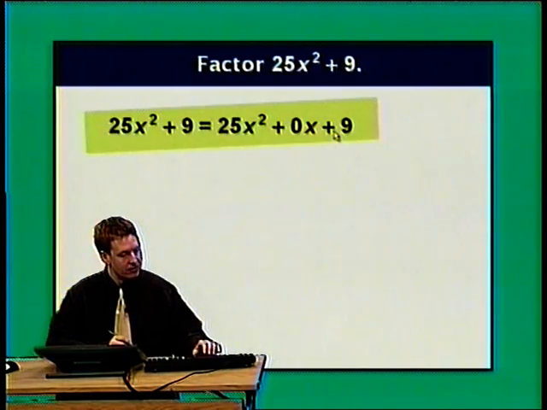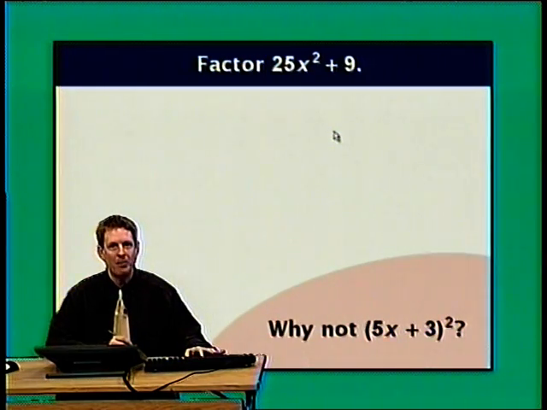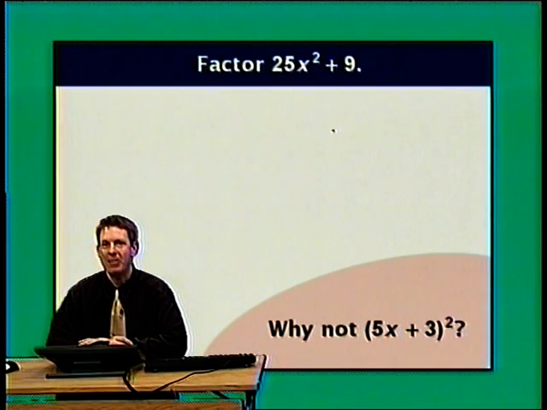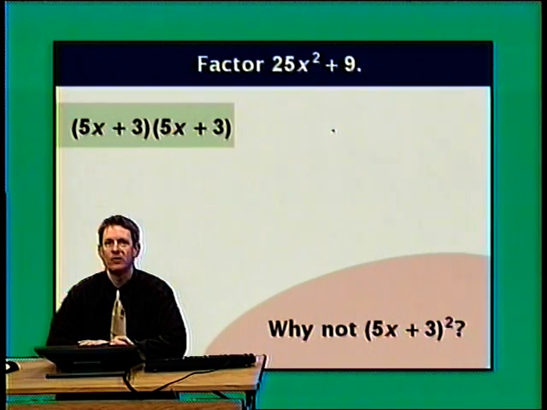Nonetheless, I understand that sometimes, especially when you're taking a test, you get a little panicky, and you might start thinking, why doesn't this factor into 5x plus 3 quantity squared? If that happens to you, I have a little suggestion. Rewrite 5x plus 3 quantity squared as the actual product of two factors of 5x plus 3.